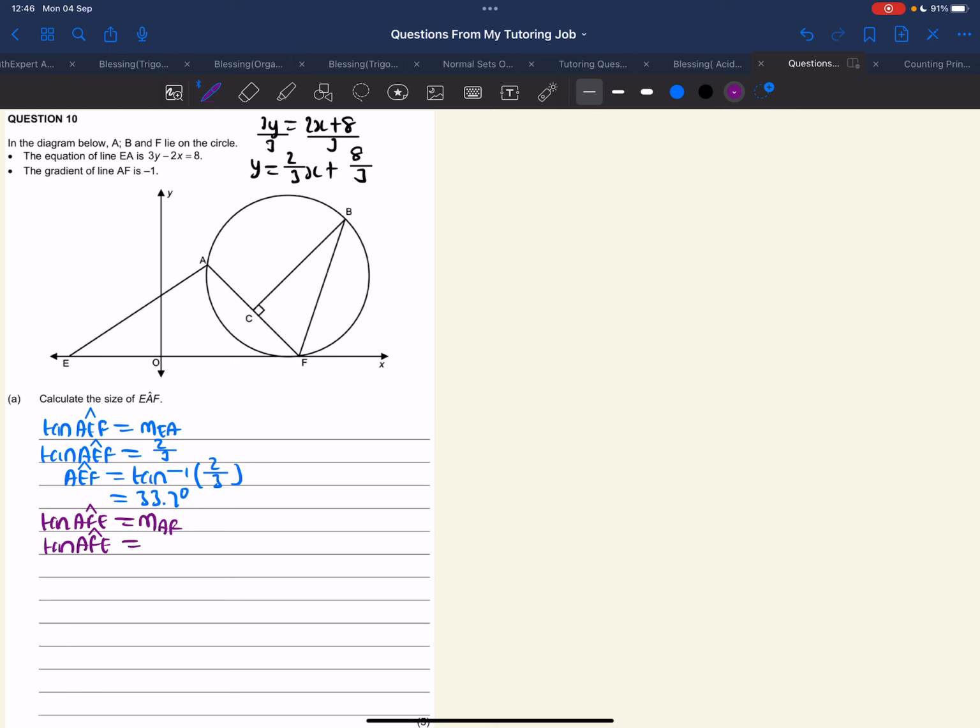We are told that the gradient of line AF is actually -1. Then I'm going to say AFE is basically shift tan of -1.